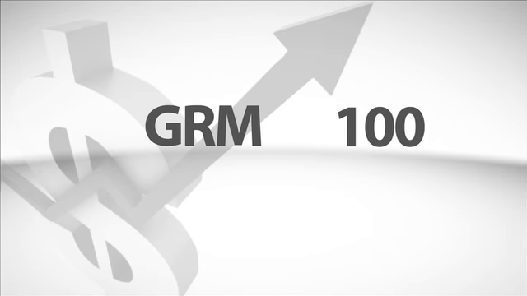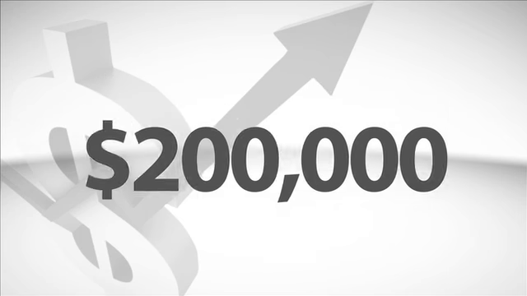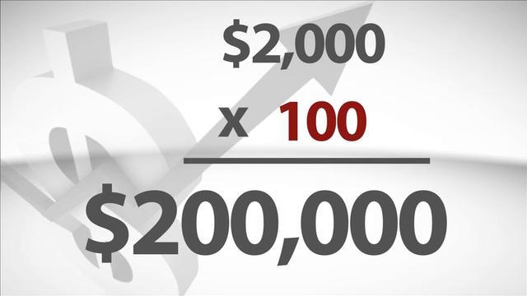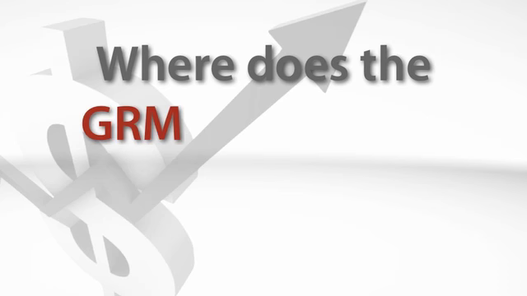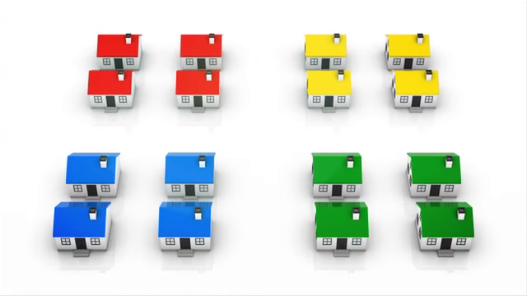If the GRM is 100 and the property would rent for $2,000 a month, according to this approach, its approximate value is $200,000. $2,000 times 100. You may be asking yourself, where does the GRM come from? That's an excellent question. It is generated by what other properties have sold for in relation to what they rent for.